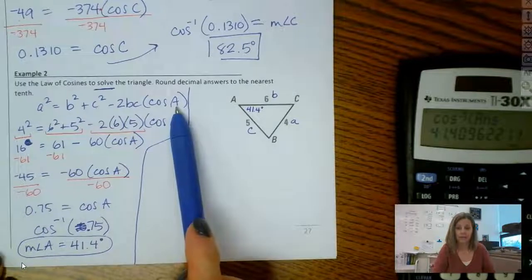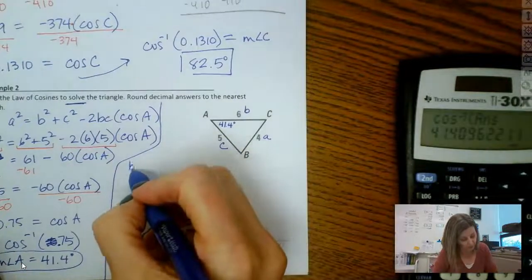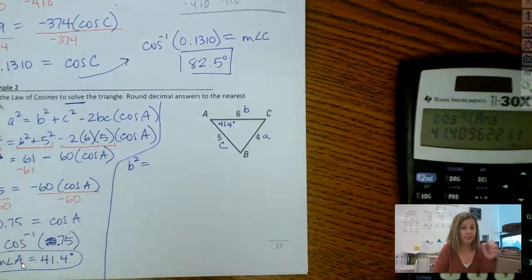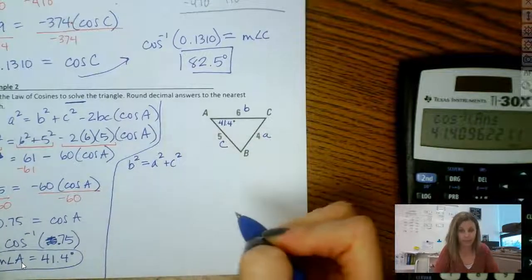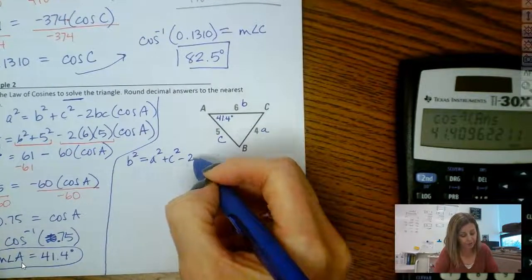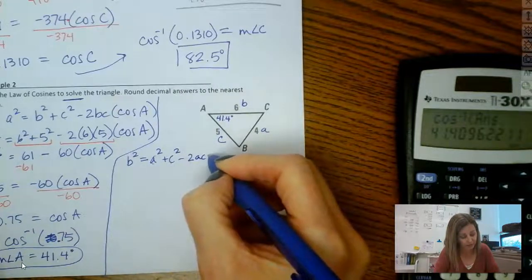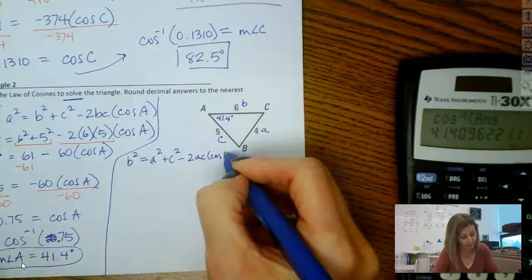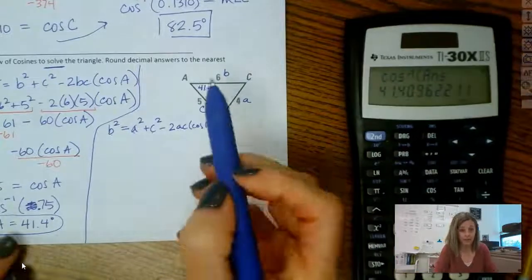I wanted angle A before, so I started with A squared. So I'm going to work with B squared equals, and then now you want A and C to come next: A squared plus C squared, minus 2 times these two letters, times cosine of angle B, so capital B.